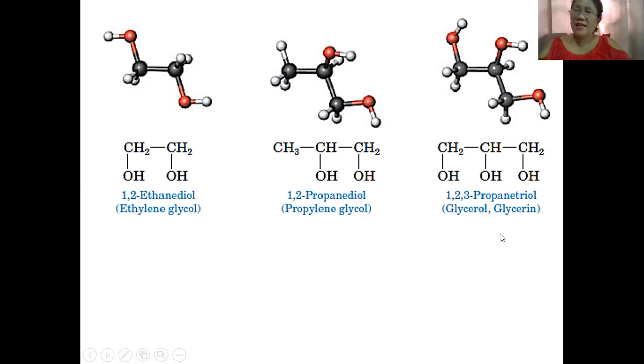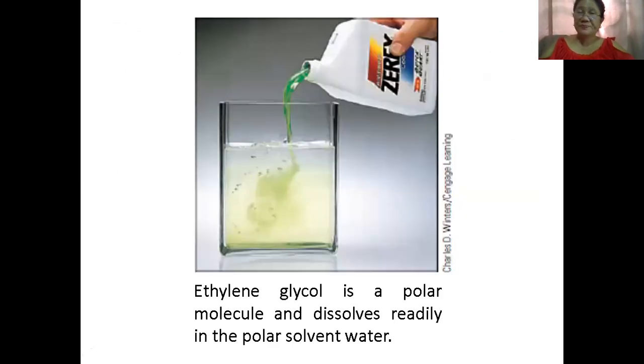And the last one is if there are three OH in a propane. Therefore, that is 1,2,3-propanetriol, and this is now glycerol or glycerin. What is glycerin, by the way? Ethylene glycol is a polar solvent, and it could easily dissolve in water.